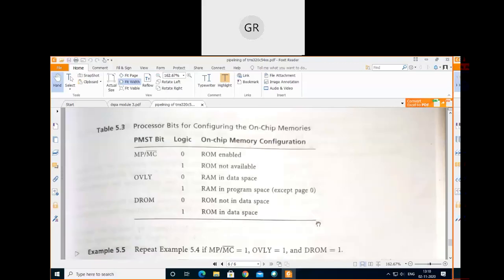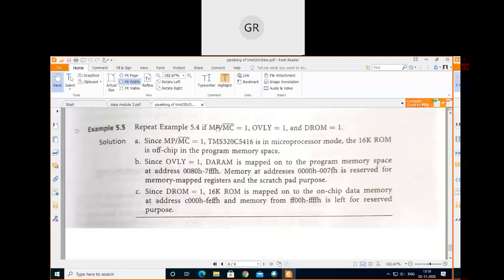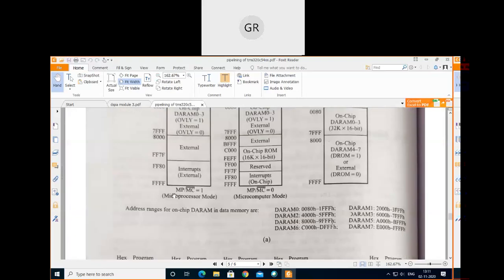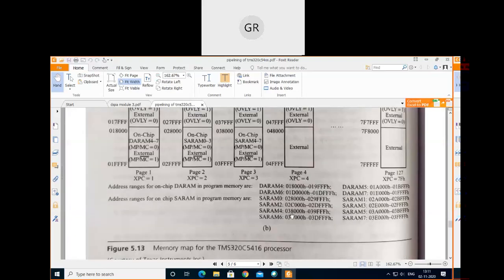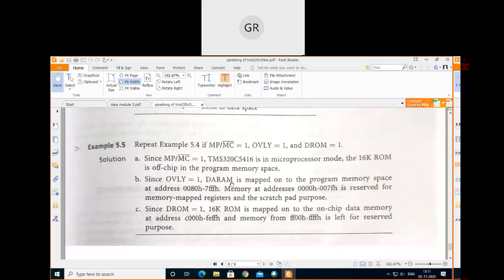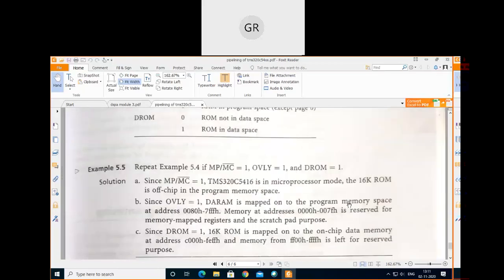Okay, similarly, one more example is given: MP/MC bar equal to 1, OVLY equal to 1, and DROM equal to 1. MP/MC bar equal to 1 means ROM not available, and it's in microprocessor mode. Then OVLY equal to 1 means DRAM is mapped onto the program memory space at the same address.